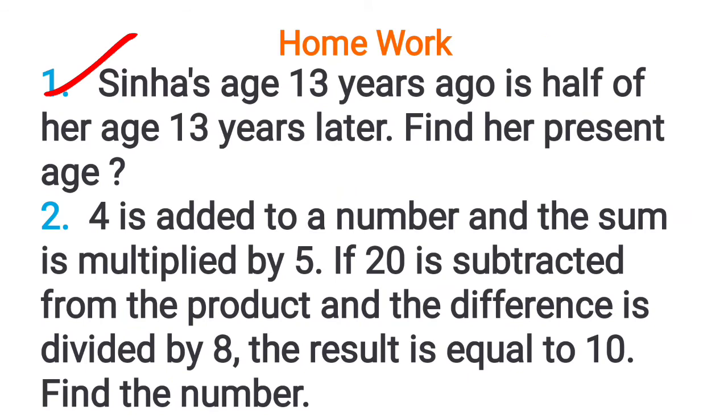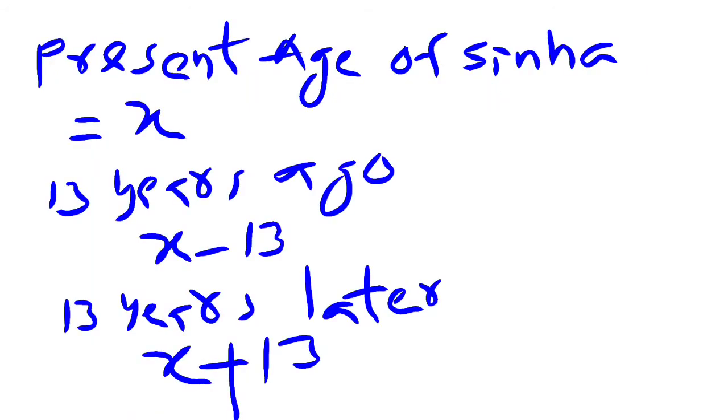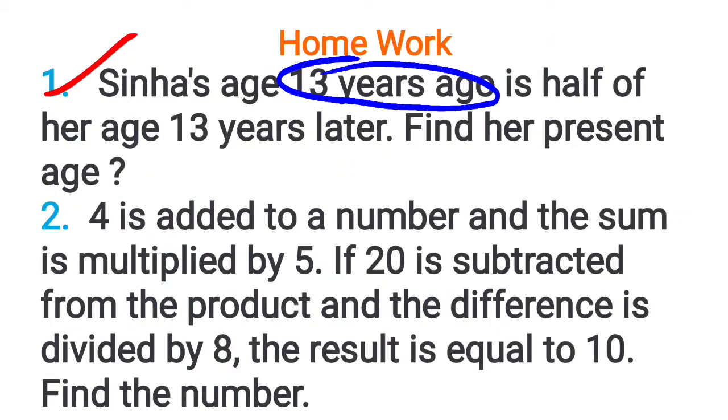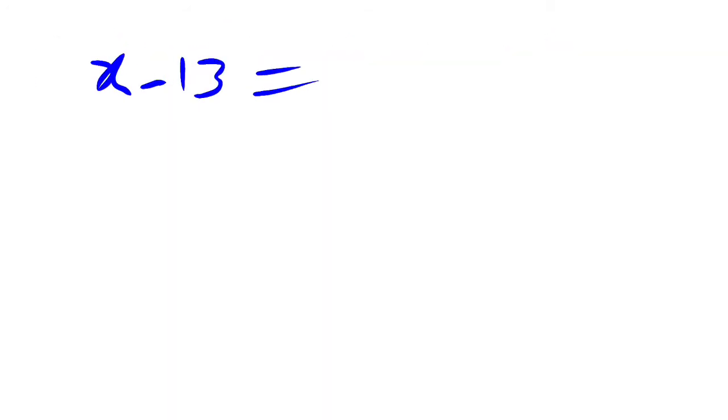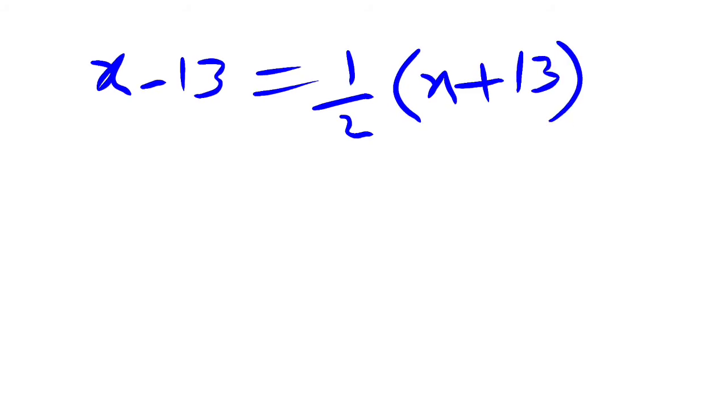Now the question is, Sinha's age 13 years ago is half of her age 13 years later. So that means x minus 13 equals half of her age 13 years later.